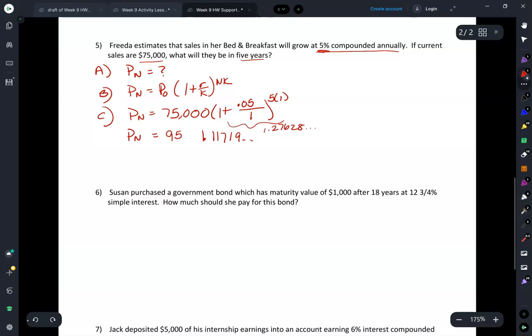Let me fix this a little bit here. Okay, and then I'm going to write that in a sentence, and when I do that I'll round off. So the sales estimate is $95,721, and we'll call it 12 cents.